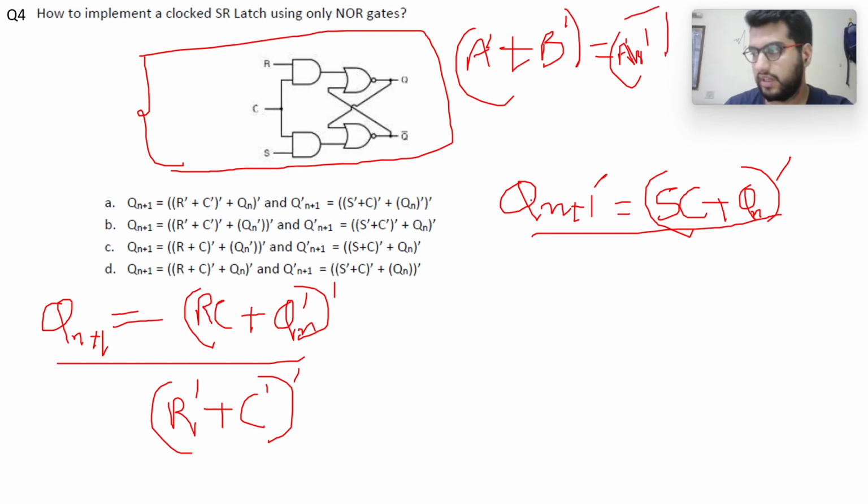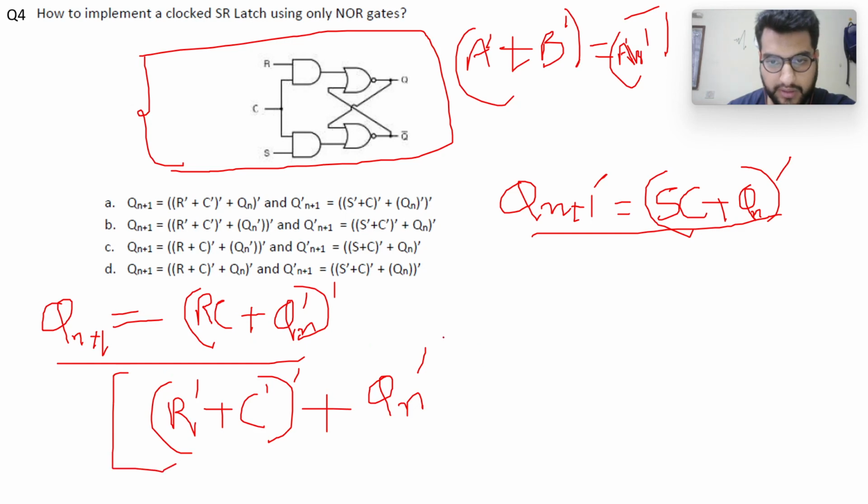So we are using De Morgan's law here. So RC will be equal to R complement plus C complement, then Qn complement as it is, and then we have this whole complement. So this here is a NOR gate, then this here is a NOR gate. So this is my expression using NOR gates only.